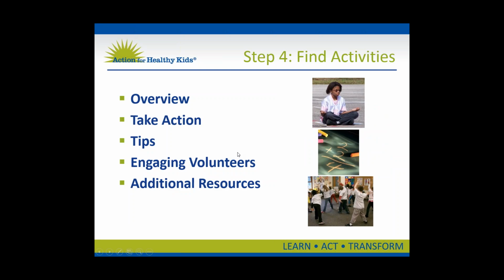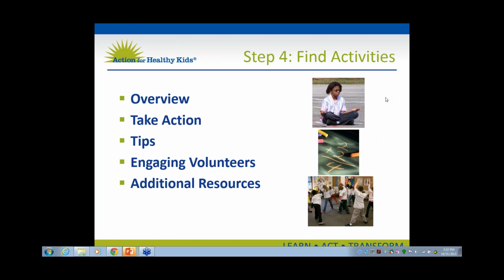So if we move on, you can see, we'll start to talk through how the Game On activities are actually structured. On the screen you can see it starts out with a quick overview, take action, tips, engaging volunteers, and additional resources. The overview section describes what the activity is and why it's important. It provides the background information needed to understand what the activity is all about.